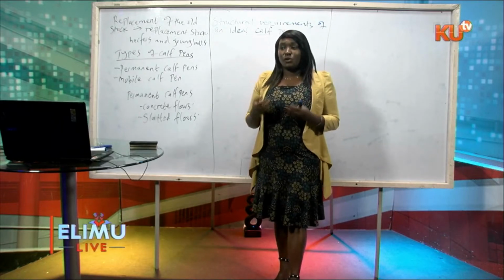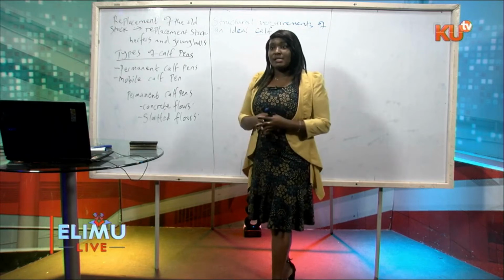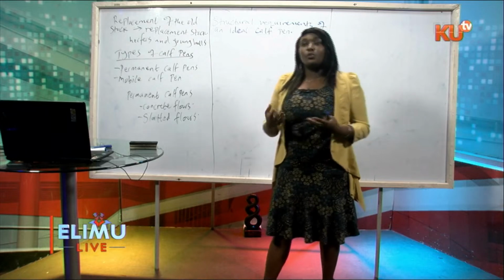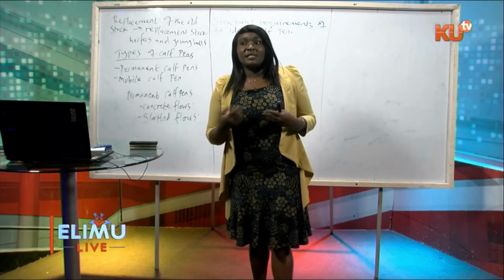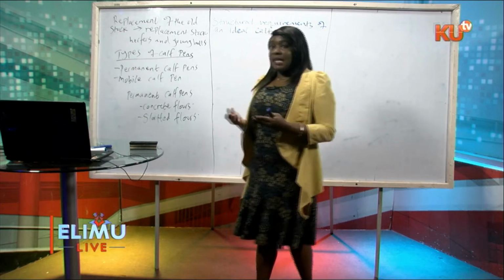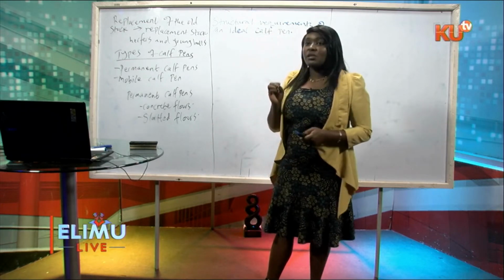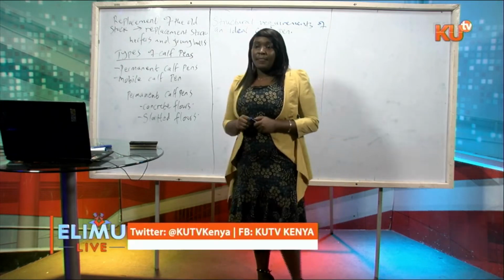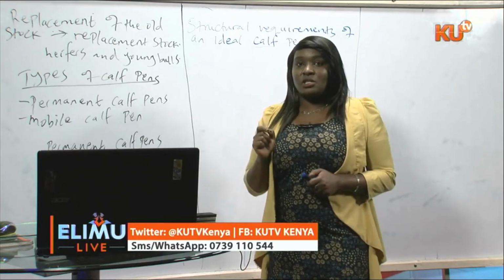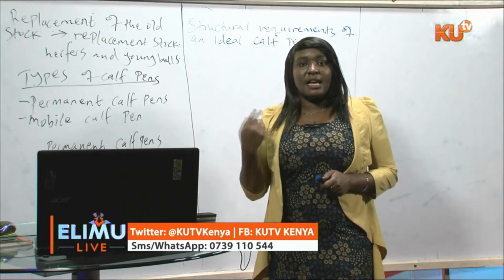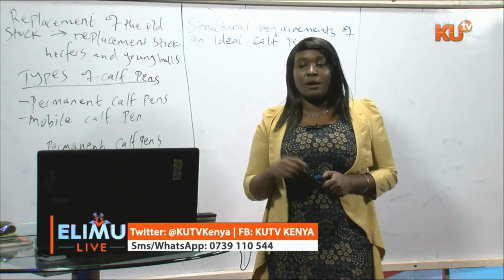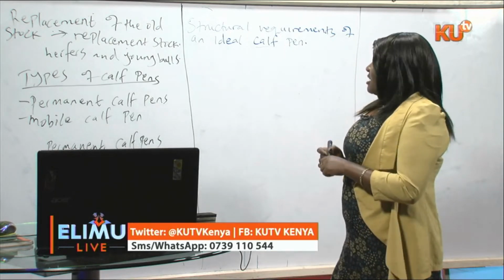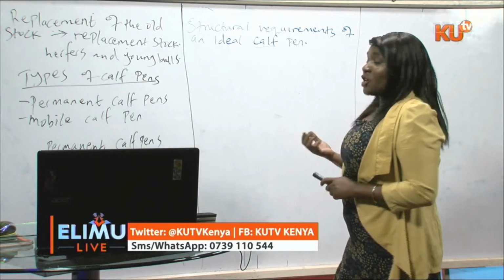A calf pen that is going to serve our animals effectively and efficiently, a calf pen that is going to boost growth and maturity of these animals, because we want these animals to reach service age very fast. That is the ultimate goal of a farmer, to reach service age so that they can be served and start reproducing at the right time. So, structural requirements of an ideal calf pen that will boost production in the farm.